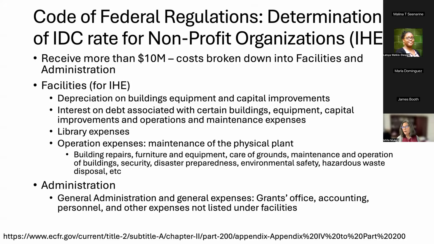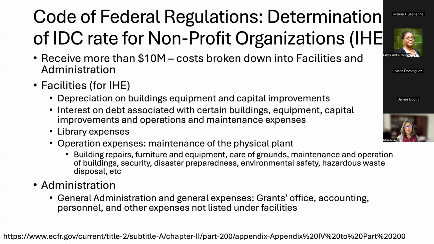There's interest on the debt associated with certain buildings, equipment, capital improvements, operation and maintenance expenses, and library expenses. Operation expenses that include the maintenance of the physical plant mean things like building repairs, furniture and equipment, the care of grounds, the maintenance and operation of buildings, security, and environmental safety, some of the things we've already mentioned before. And you can see how they would build up.